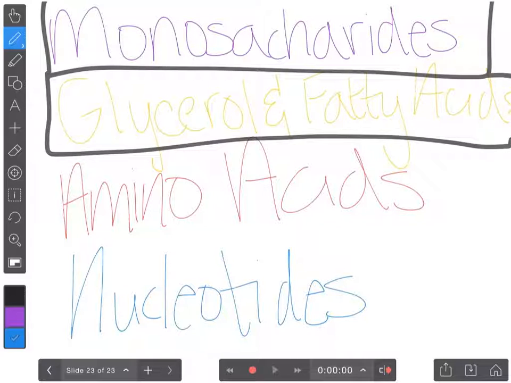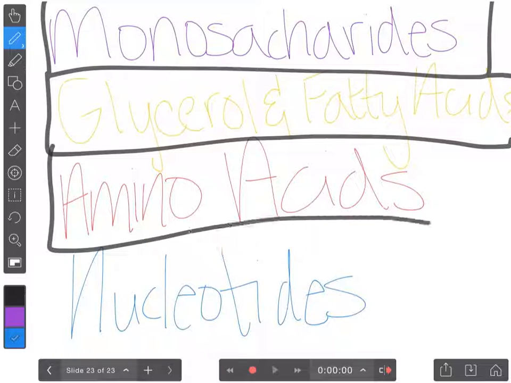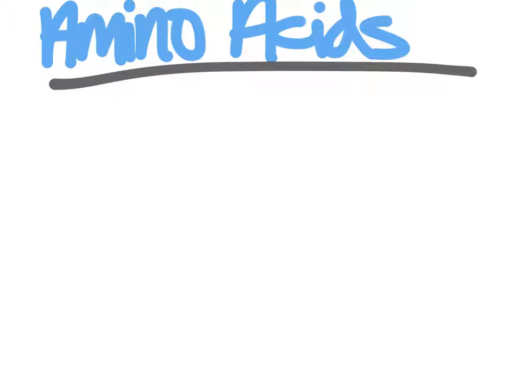Let us go back to our last two monomers of our 4 classes and find out which macromolecule goes with one of our monomers. And let us look at amino acids. So our monomer amino acids goes to a macromolecule that helps us with our growth.